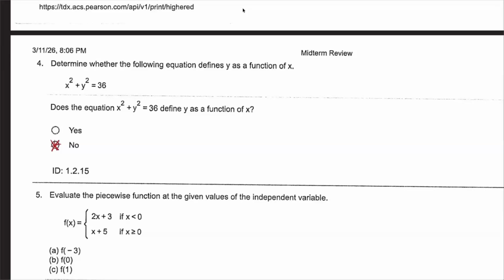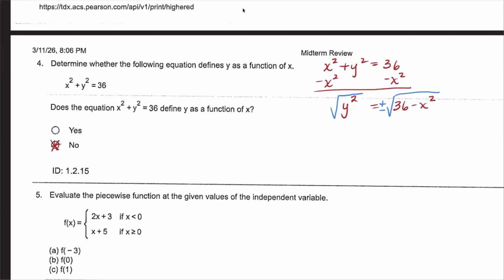But the technical reason is that when you solve it for y, you subtract x squared from both sides, and that will leave y squared equals 36 minus x squared. And this is the part where you show that it's really not a function, because when you take the square root of the left side, you have to take plus and minus the square root of the other side.